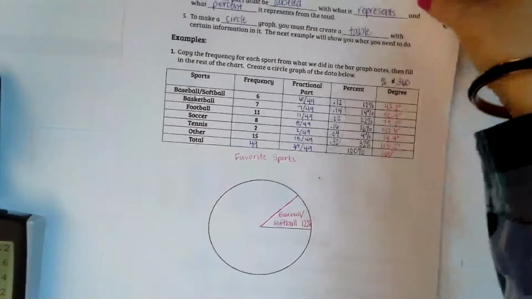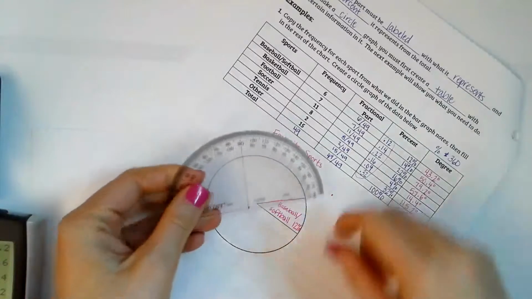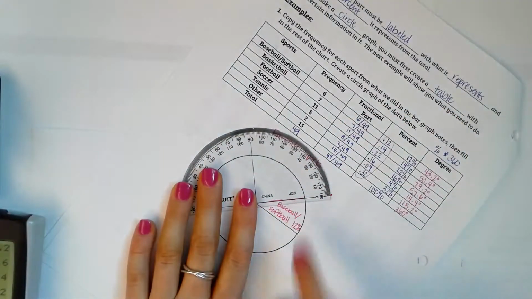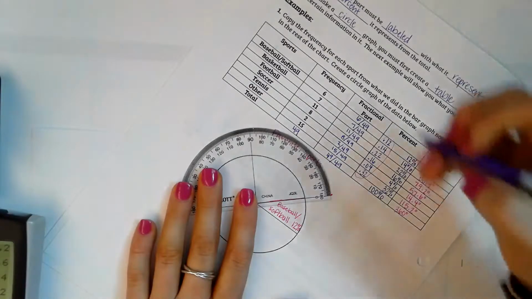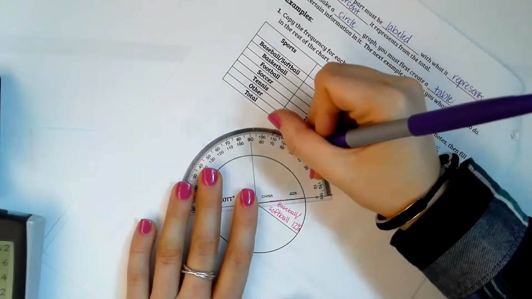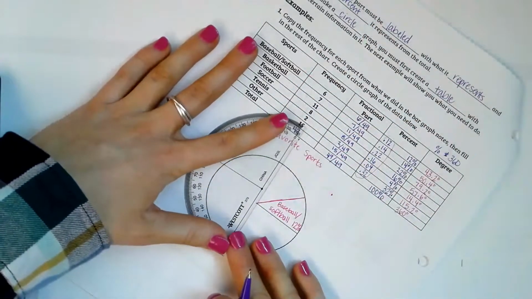Okay, now you're going to rotate your paper a little bit. The line that you just drew is your new line that you line this one up with. The next one is at 50.4, so basically just 50. Again, line them up.